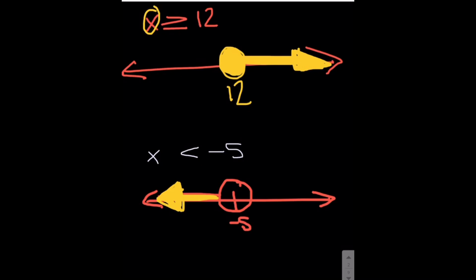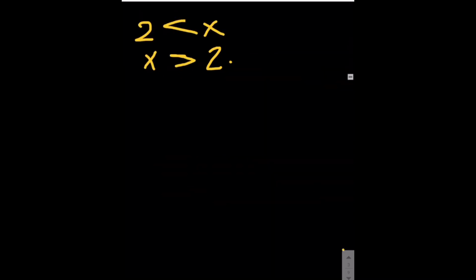Here, the arrow is pointing towards the left, that point over here is to the left. That means my shading is also going to be to the left. It's a quick way to remember. Since here you can get confused, it's helpful to just rewrite it.